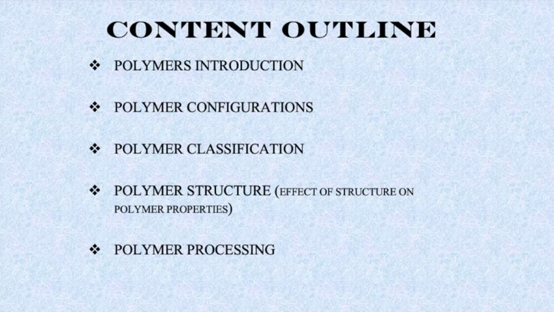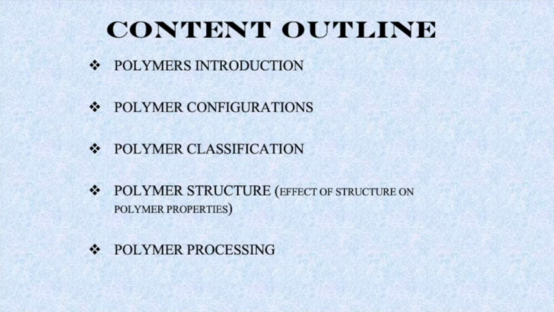So this is the content that we're covering, starting with the introduction into polymers. Then we'll look into polymer configurations. That means looking at how the arrangement of chemicals or molecules or elements that make up polymers are configured. The important part about that is the arrangement determines properties, which is what you're interested in.